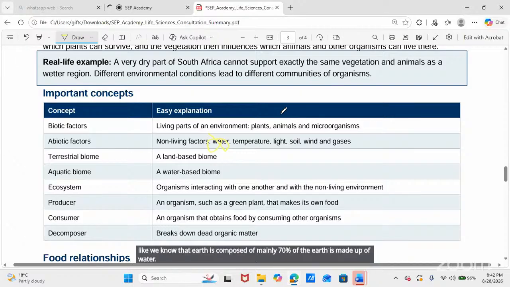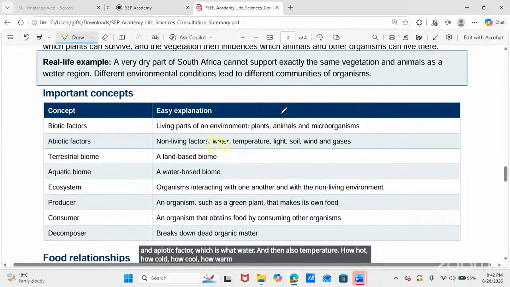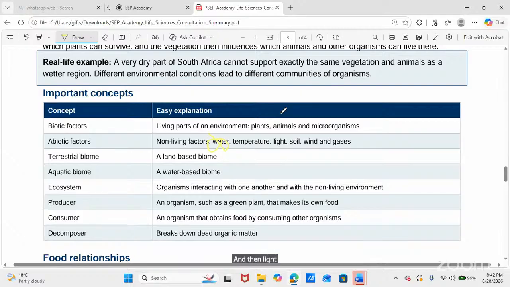So we know that 70% of Earth is made up of what? An abiotic factor, which is what? Water. And then also temperature, how hot, how cold, how cool, how warm our atmosphere is. And then light, the soil, the wind, and the gases. That's the factor that is non-living, that's not alive, right?